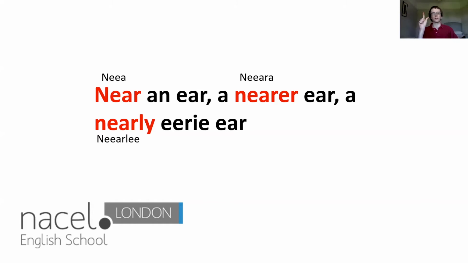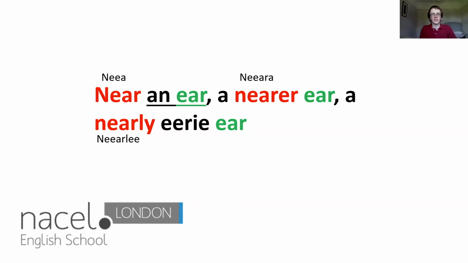Again, the stress is on the first syllable. Nearly, nearly. Okay, remember nearly is like almost or close to. Okay, it's the adverb form of near. So we've got near, nearer, the comparative form with the er ending. And then we've got nearly, which is the adverb form.